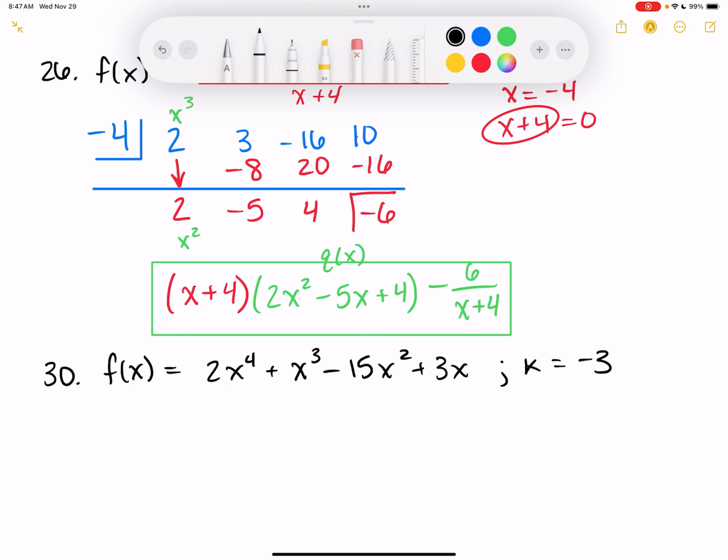I'm going to go through and see if anything is missing. I've got x to the 4th, x cubed, x squared, x, but I'm missing my constant term. So I'm going to write in a plus 0 so that I don't forget to put that in when I do my synthetic division.